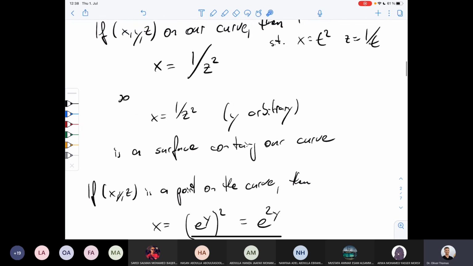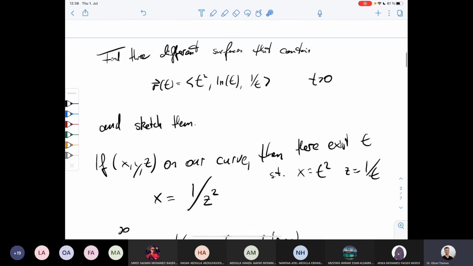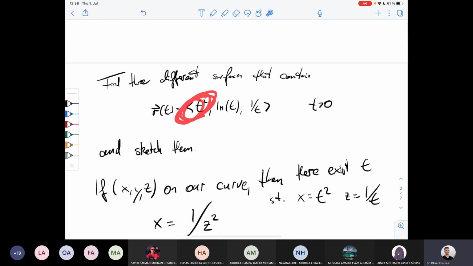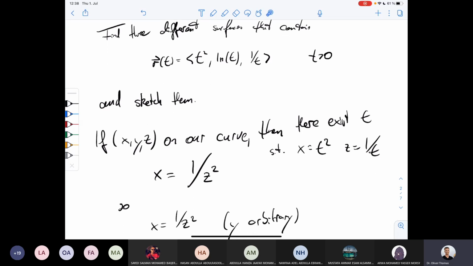Here for this one, I wanted to find a relationship between the first and the second coordinate. So I want to find a relationship between t squared and the logarithm of t. To express one as the other, it looks like it's going to be easier to transform the second coordinate to get the first one.